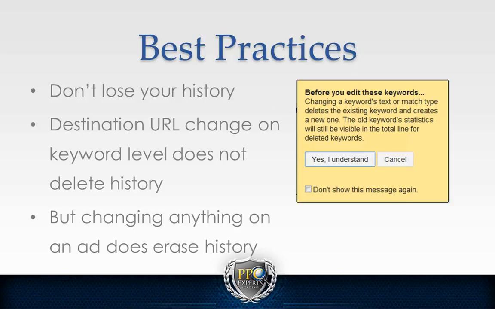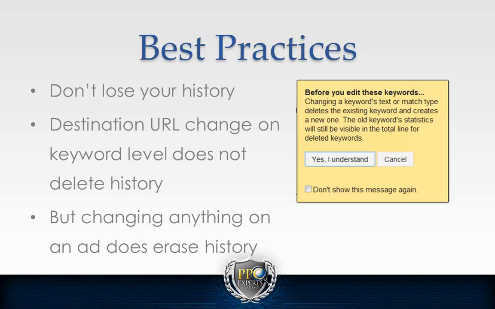Well, you can either clone all your ads and just pause the old ones and have your new ads with the new landing page, or you can just change the destination URL on the keyword. It's very important that that's on the keyword level.